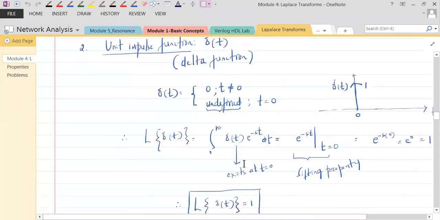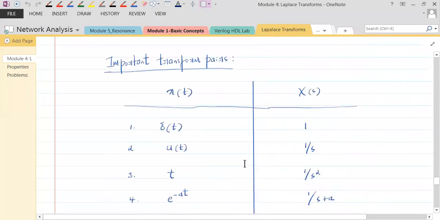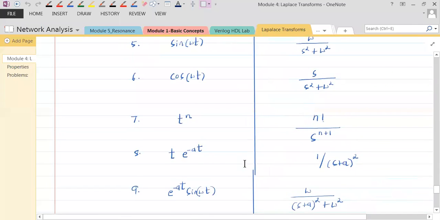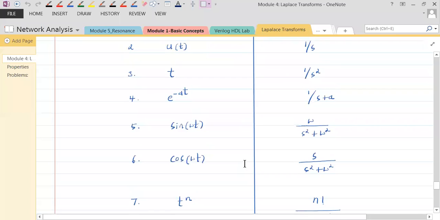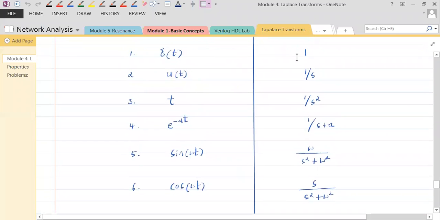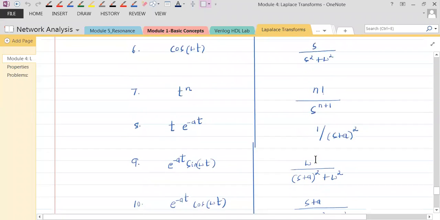So that also needs to be remembered. If you remember that list, things will get simple here. So this list is what I'm talking about. These are the transforms of the standard basic signals. If you remember them, the things can be solved easily. Otherwise, no. Is that okay with you?